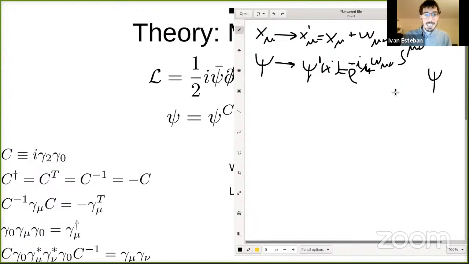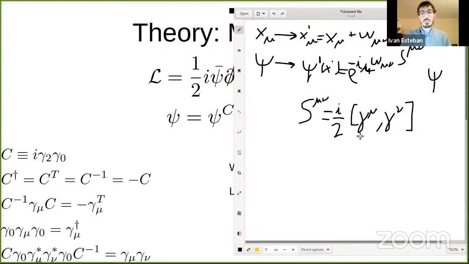Sorry about my handwriting. I have all these notes properly handwritten and scanned that I will upload to the web afterwards. So my fermion field transforms in this way, where omega mu nu are the parameters that parameterize my Lorentz transformation, and S mu nu are matrices in Dirac space. Basically, S mu nu is given by i halves times the commutator of two gamma matrices. So this is how my fermion field transforms under Lorentz transformation.